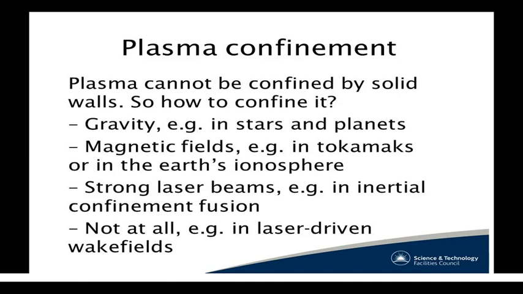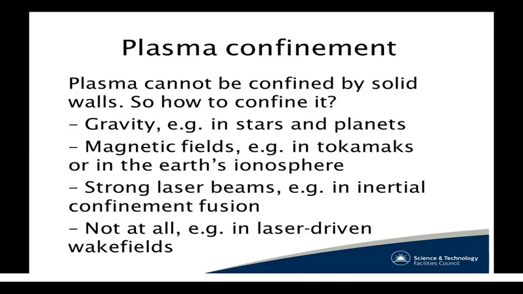Now, how can we confine the plasma? Plasma cannot be confined by solid walls. Then how can we confine it? We had already said that in the interior of stars there is plasma. How does the plasma exist there? It is due to gravity.